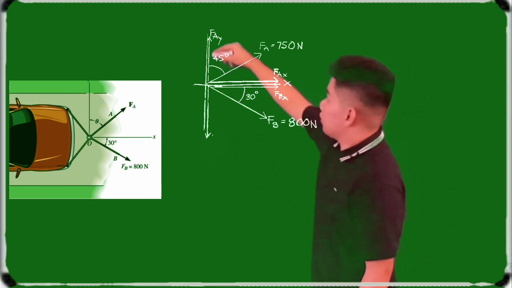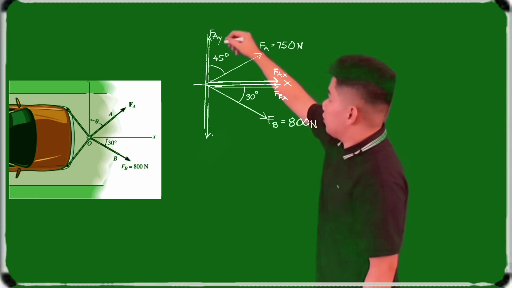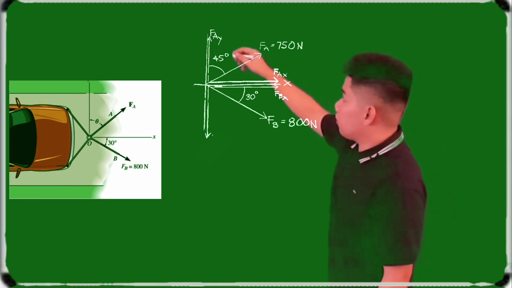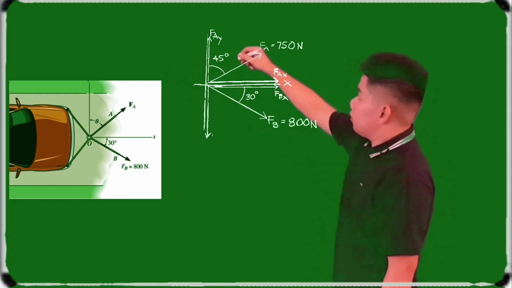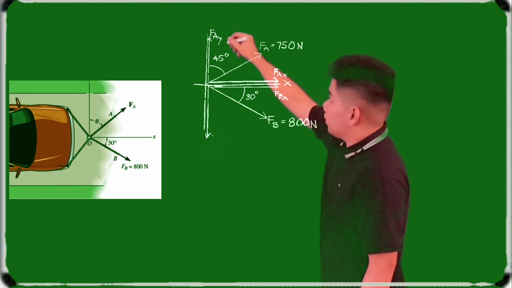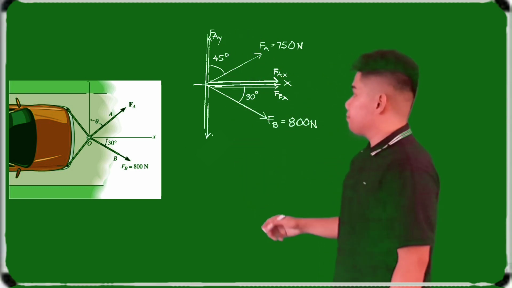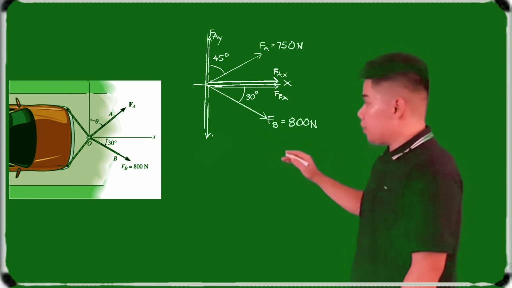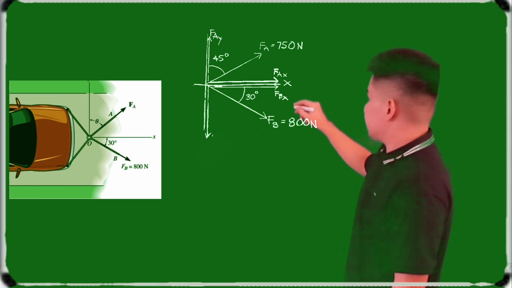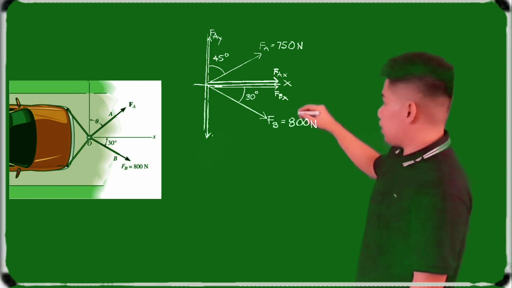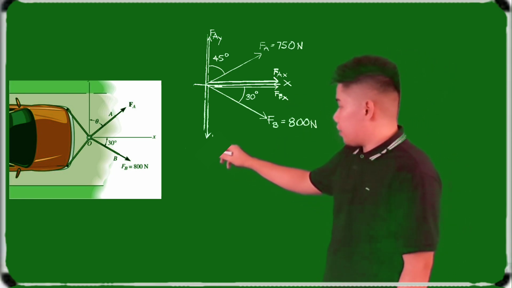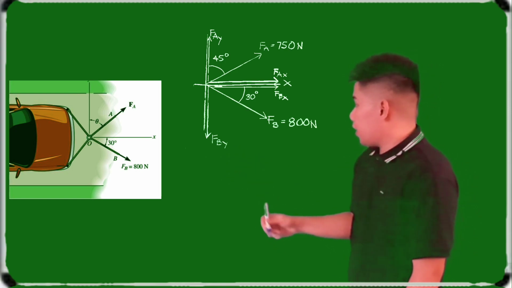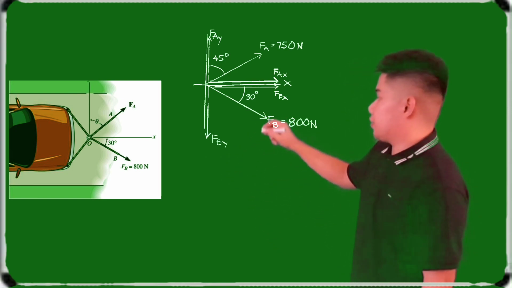So we have our FAY and FAX, and the given angle of 45 degrees. In force B, we have FBX and FBY, and an angle of 30 degrees.